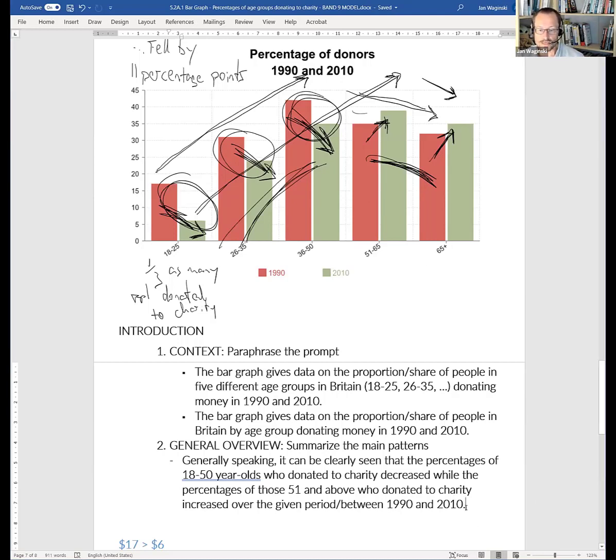All right, so based on this organization, your first body paragraph is going to be about 1990. Okay.